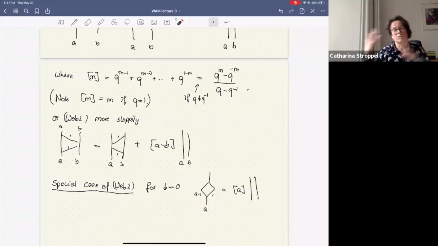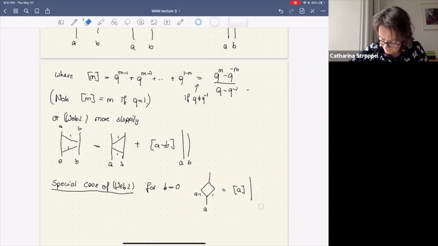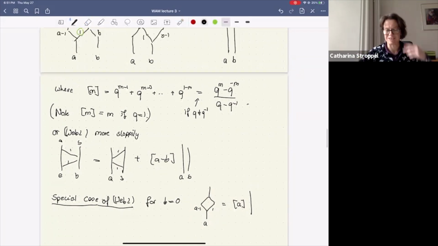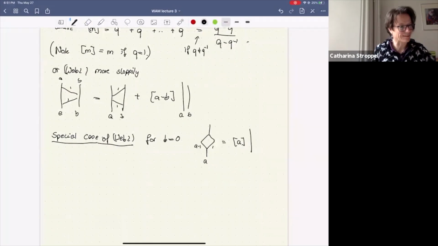A circle we always could remove and replace by delta. In this web category, you can always remove such little squares, which come on their own, by replacing them with this number A, depending on the labeling on the strand. But you wouldn't really have 2 strands there. You'd really only have 1 strand there, yeah, definitely. I just copied it from upstairs, stupidly. Okay, right.